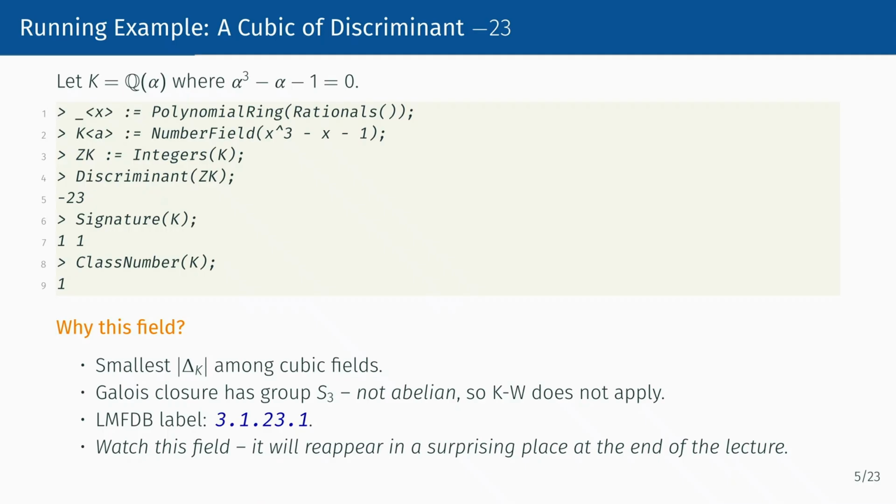If you look at the Galois closure, it has a non-abelian Galois group, S3, just like Q adjoined the cube root of 2 that you saw earlier. So Kronecker-Weber doesn't apply directly to this field. I attached here its LMFDB label, so you can just click and see it on the LMFDB. And this field will also reappear somewhat surprisingly at the end of the lecture.